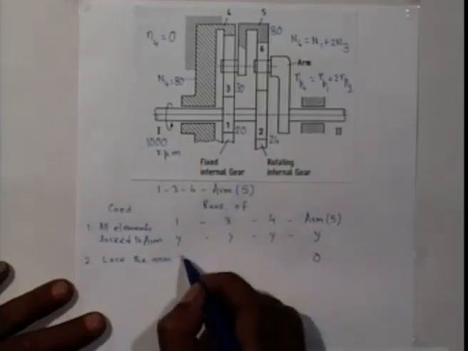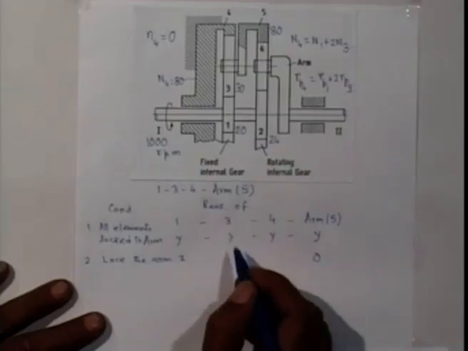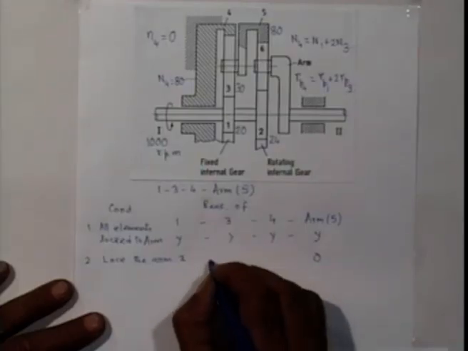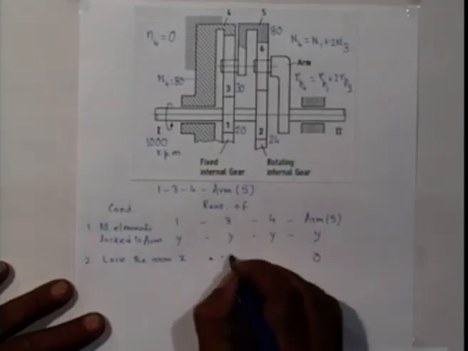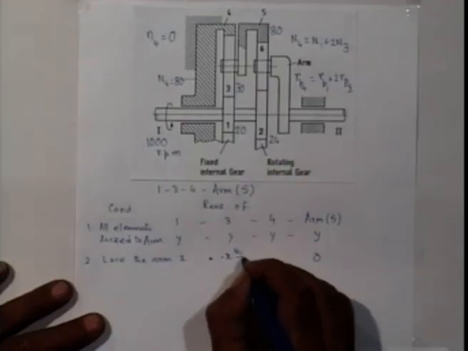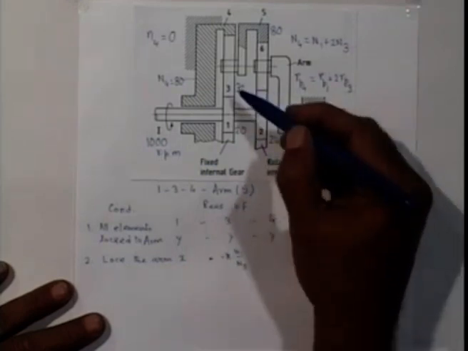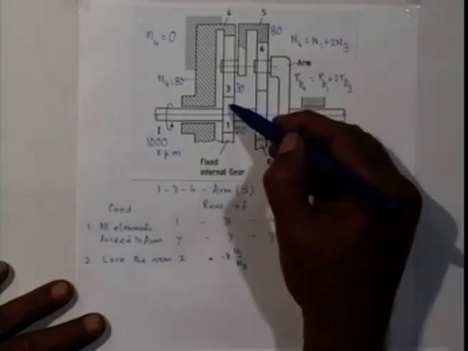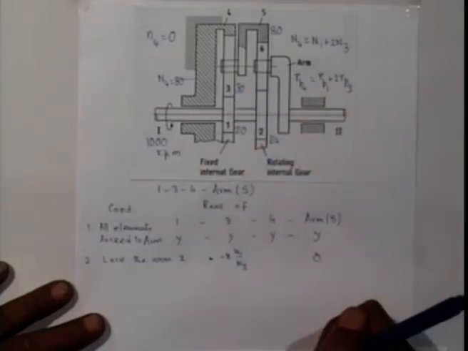If I give x to 1, then 3 rotates in the opposite direction and minus, so it is minus x into n1 by n3. Because this is an external gearing, so they rotate in opposite direction and inversely proportional to the number of teeth.